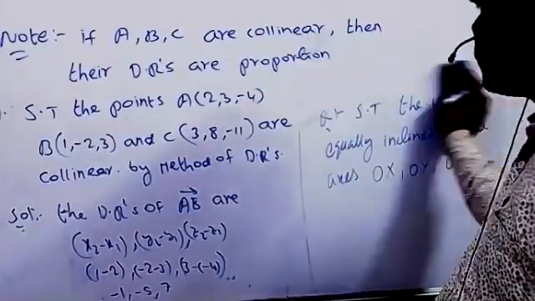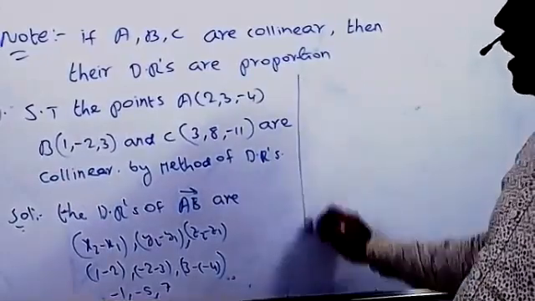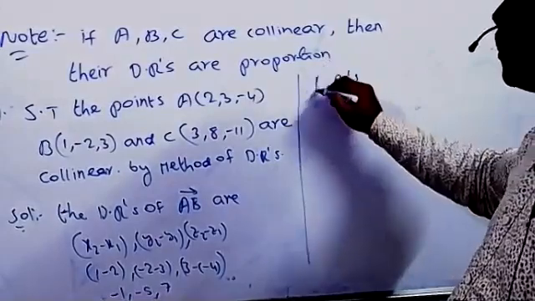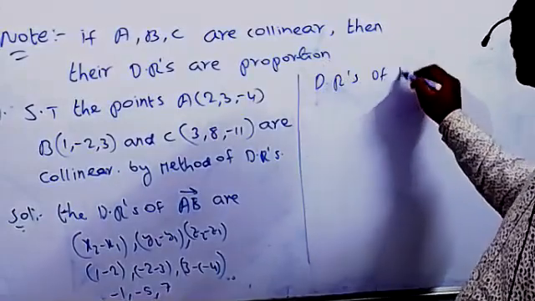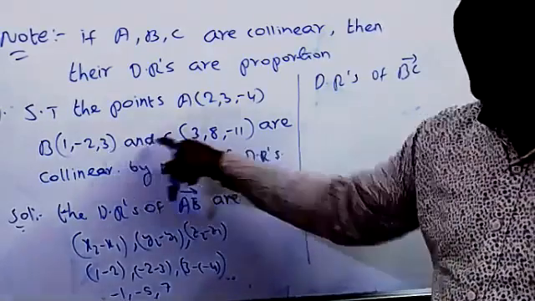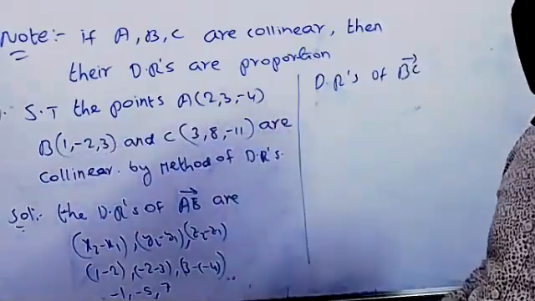Next, find the direction ratios of BC. Take these 2 points as x1, y1, z1 and x2, y2, z2.